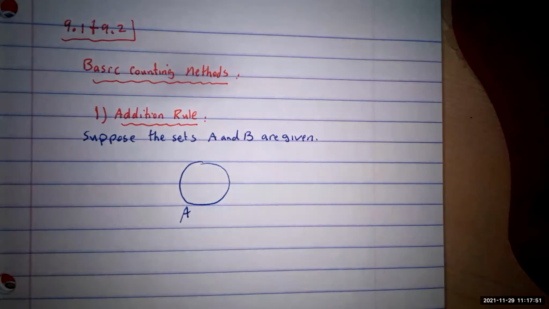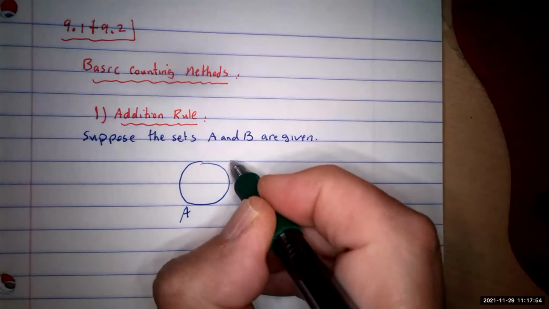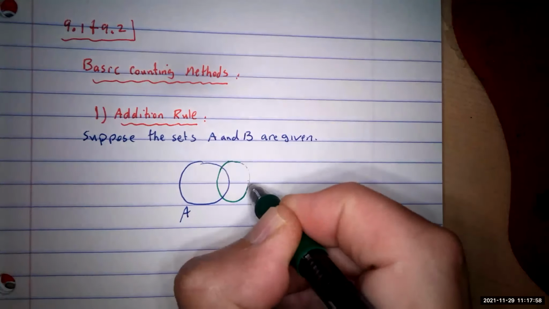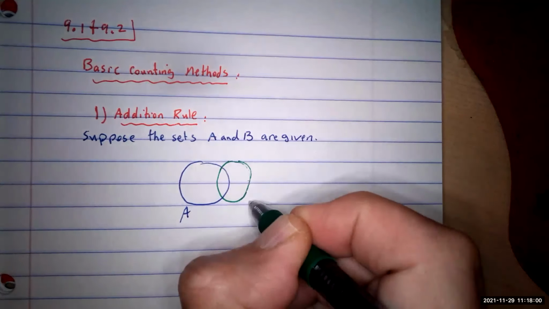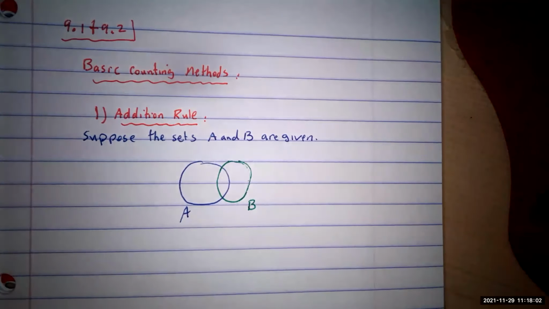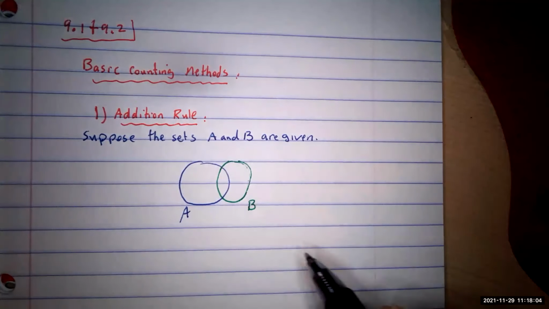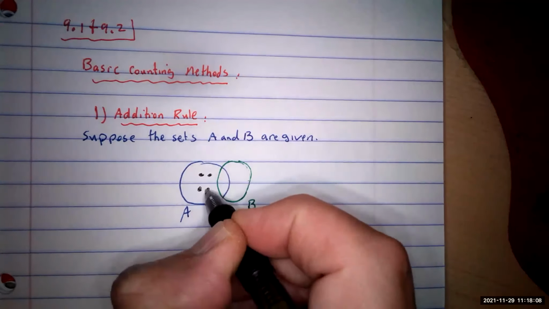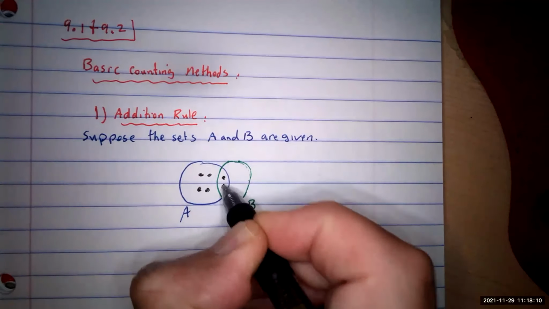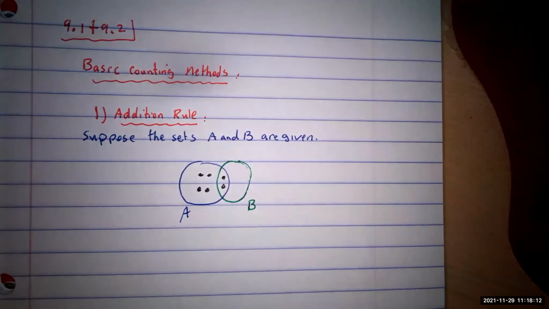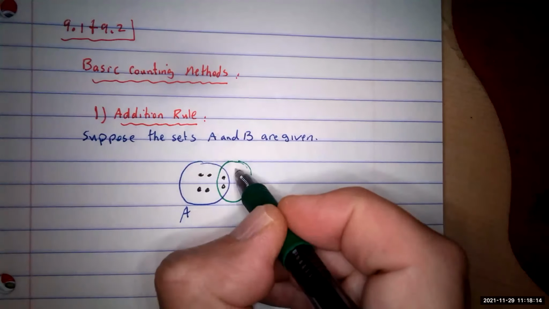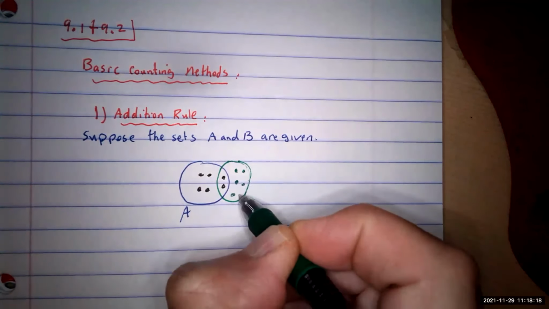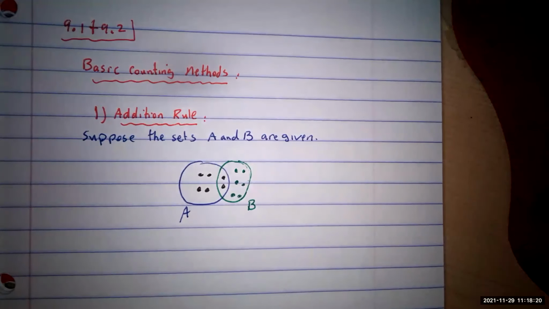And we have another set, and this is going to be the set B. So we have some members in A, and these are going to be the members in A. And we have some members in B. So this is going to be the one.